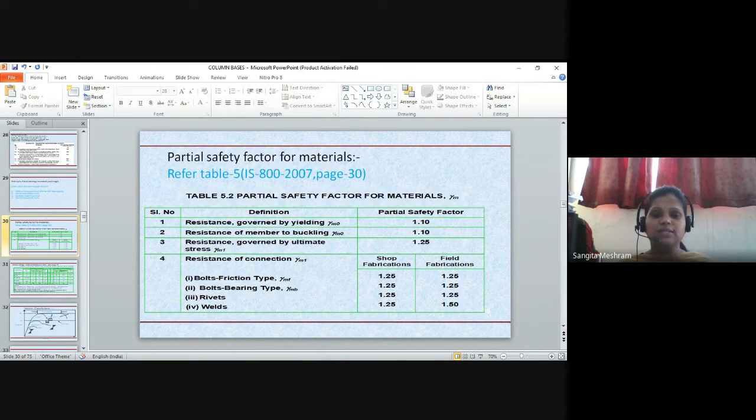So this table is important for the partial safety factors. If we are designing a member using the limit state method, we have to use the different partial safety factors given in this table.